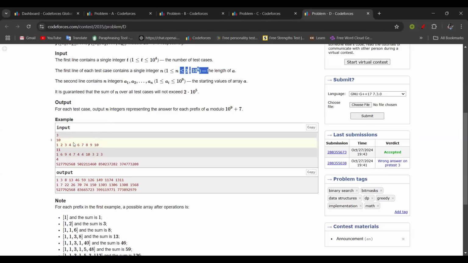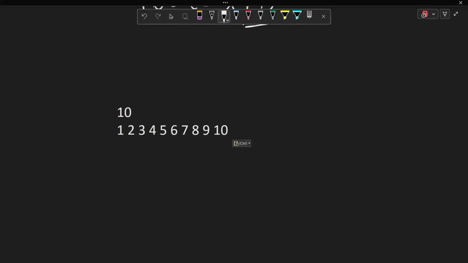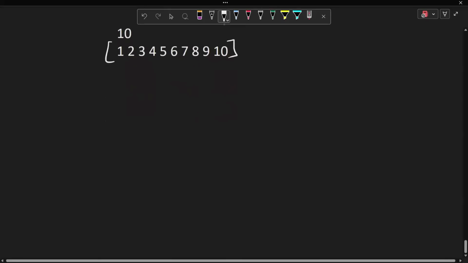Now let's see what you can do here. You have some array. Let's say for any prefix, if you are computing separately and you can compute in order of n, then we would look at how we can update that.